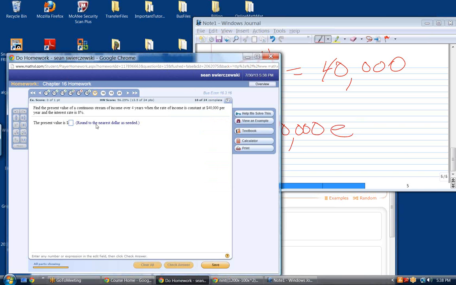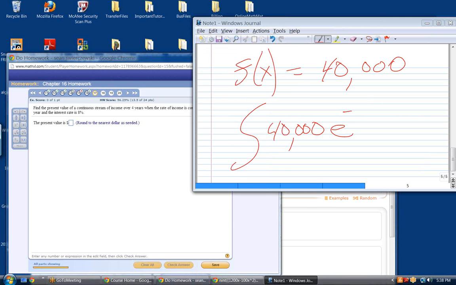The interest rate's 0.08, and it's 4 years. So it's e to the minus 0.32. No, it's e to the minus 0.08x dx from 0 to 4.